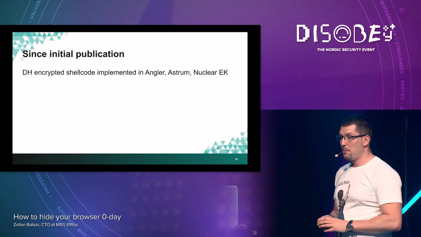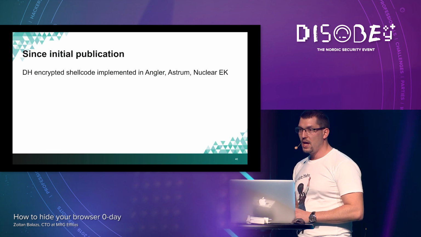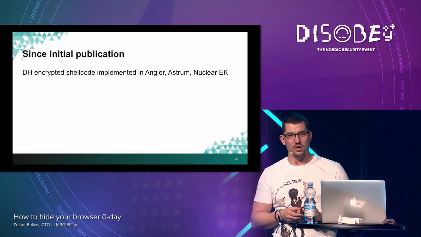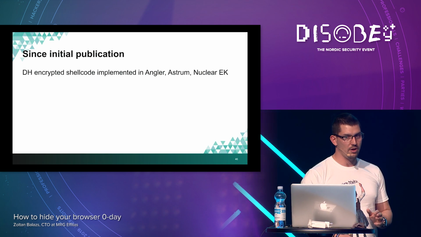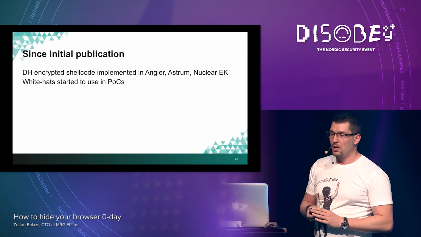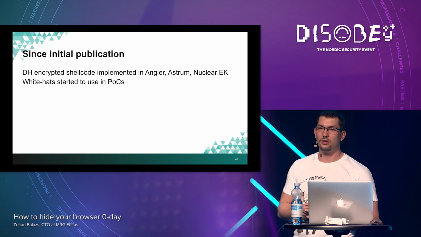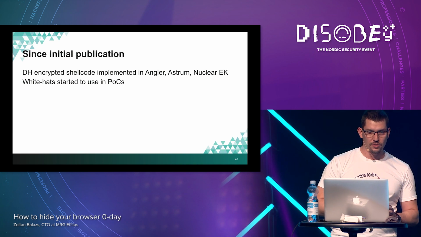Since the initial publication of my proof of concept code, as I already mentioned, it was implemented by some bad guys like the Angler, Astrum, and Nuclear Exploit Kit developers. Just last week, I saw that white hat guys also started to use encrypted exploit delivery in proof of concept codes.